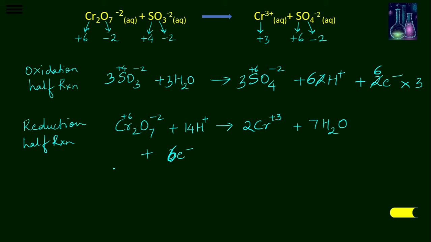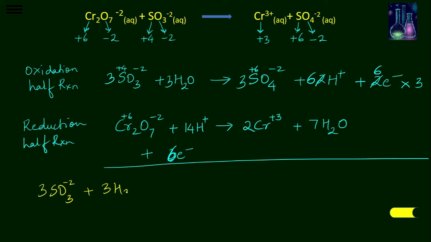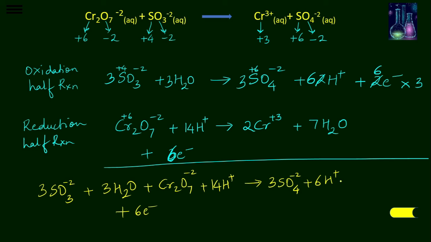Now final step, let's add: 3SO3 minus 2 plus 3H2O plus Cr2O7 the whole minus 2 plus 14H plus plus 6 electrons gives 3SO4 minus 2 plus 6H plus plus 6 electrons plus 2 Cr plus 3 plus 7 H2O.